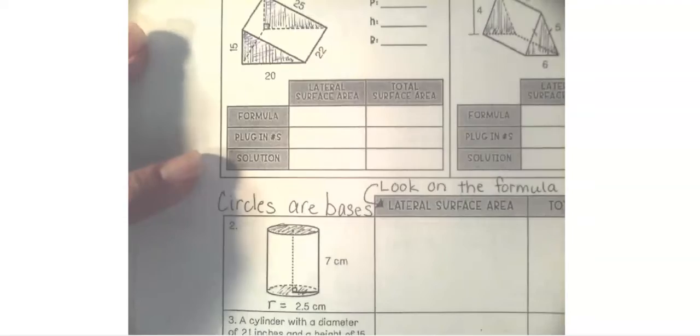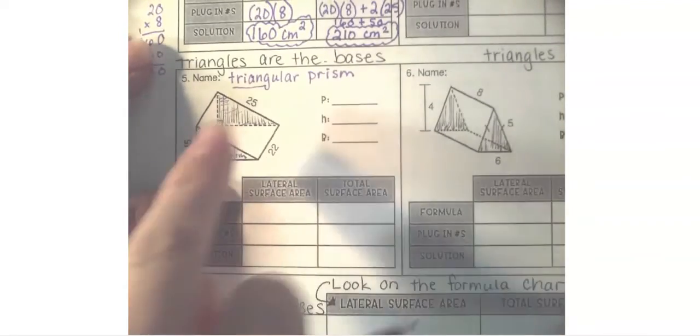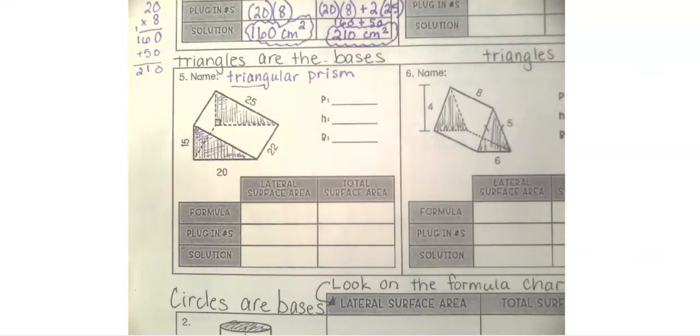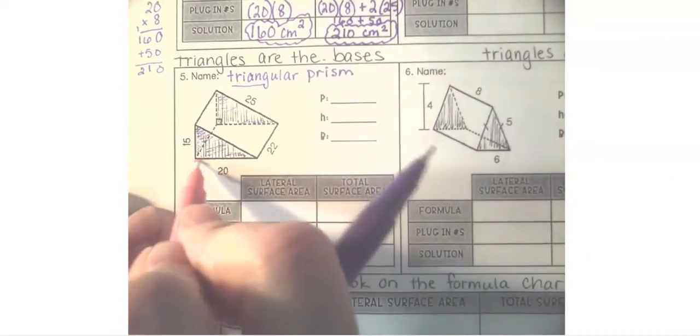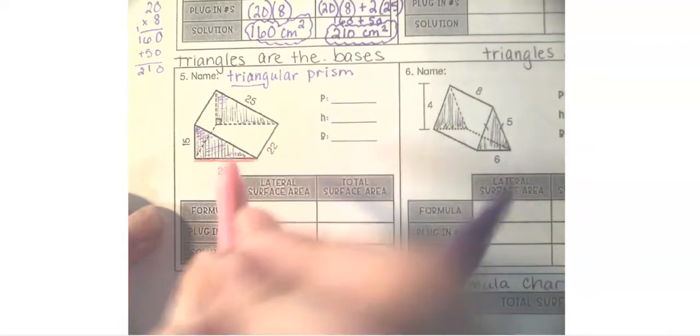What shape is my base? My base is a triangle. That means I'm going to do perimeter. I'm going to add all 3 sides together to get my perimeter. So that means I'm adding together 20 plus 15 plus, how long is this side over here? Yeah, it's the same as this one.